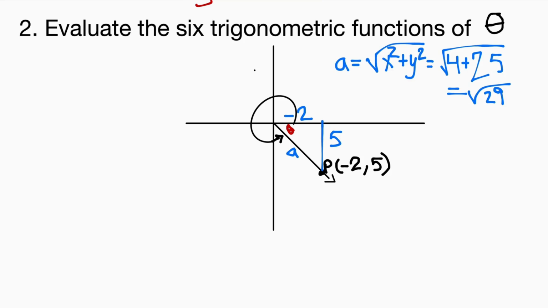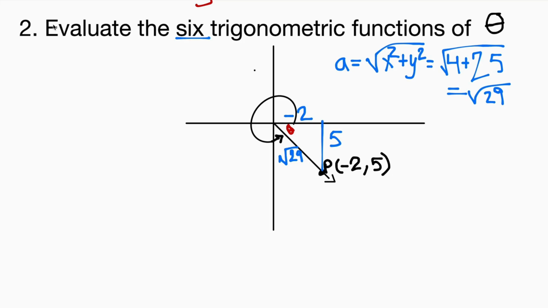So we could sub in our a value for an actual value, square root 29. Moving on, we have to find all 6 trigonometric functions.